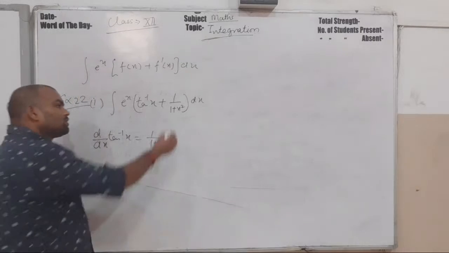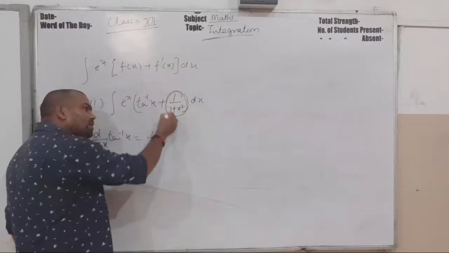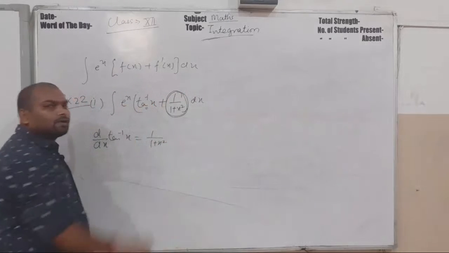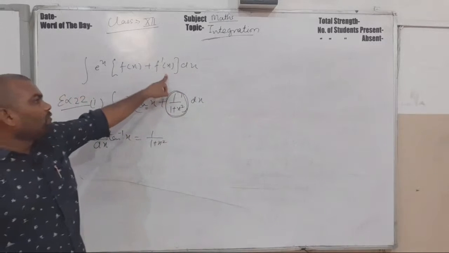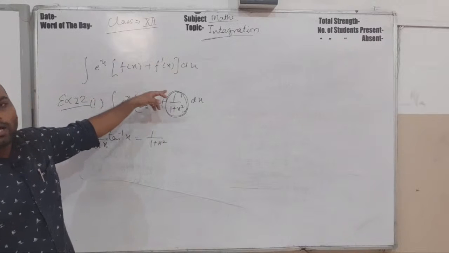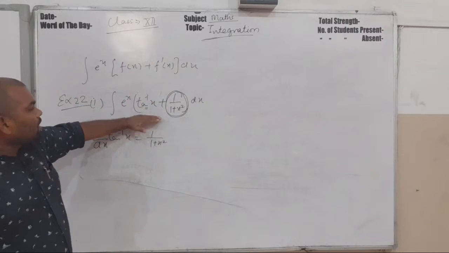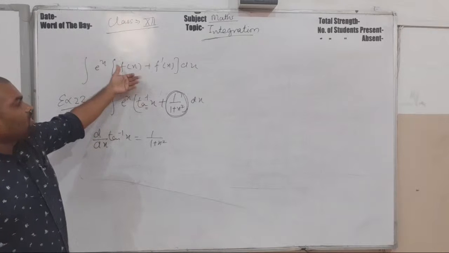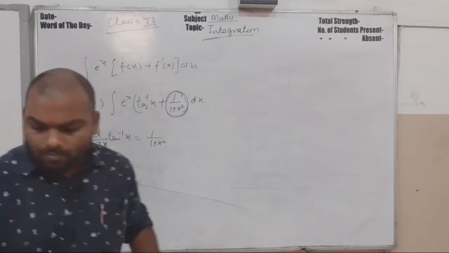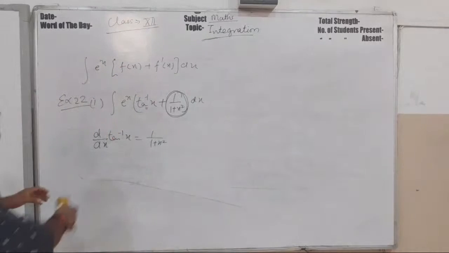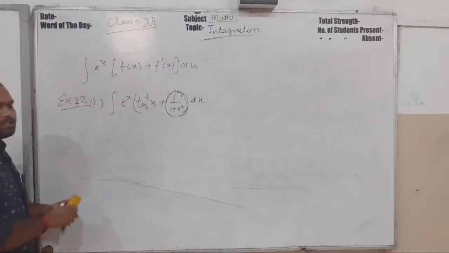That means this part is the differentiation of this one. Now one function is the differentiation of the other. So this is based on this type of integral. Clear? Now let us see how we can integrate this.